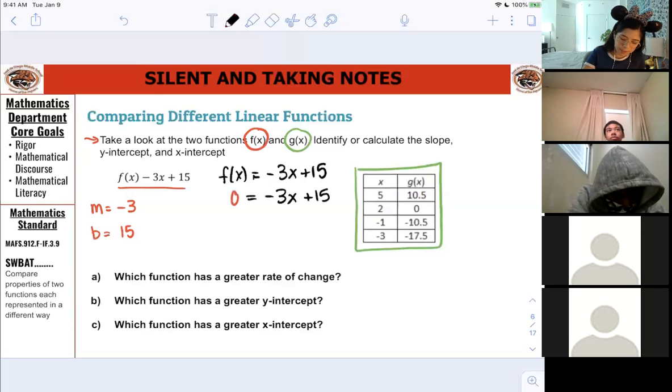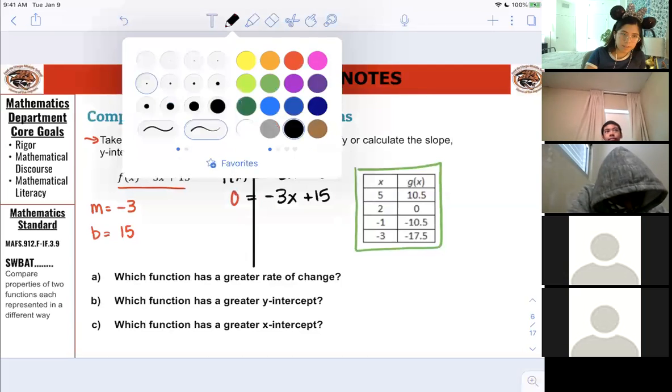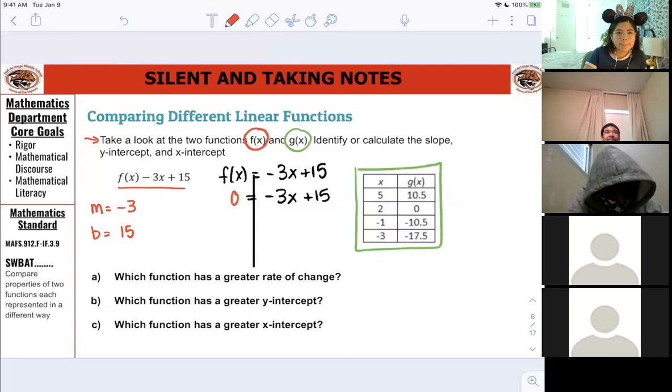That way, like Zakaya said, we can find the solution for x. So what do I do to get x all by itself? What am I subtracting? The 15, exactly. So -15 and -15.